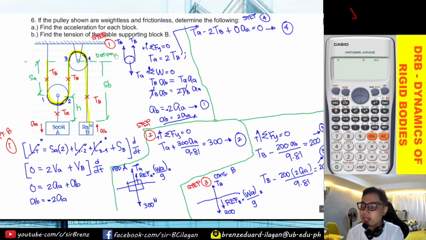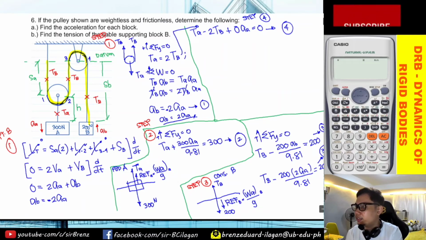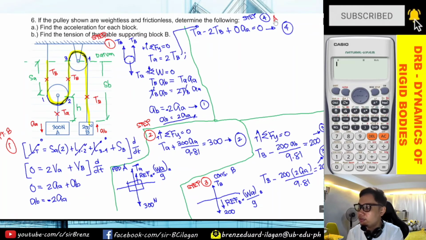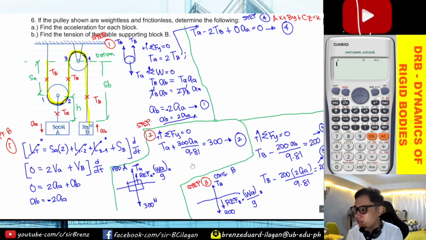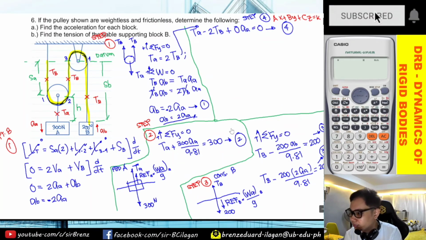So, ang gagawin natin guys, dadalhin natin sa form na ganito. Di ba meron kayong sa ALQ nyo, yung AX plus BY plus CZ is equals to yung constant. So, gawan rin natin ng version na yun. I-rewrite lang natin siya para pwede na siyang isaksak sa ALQ.